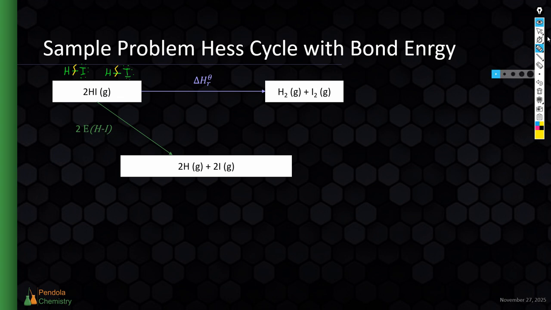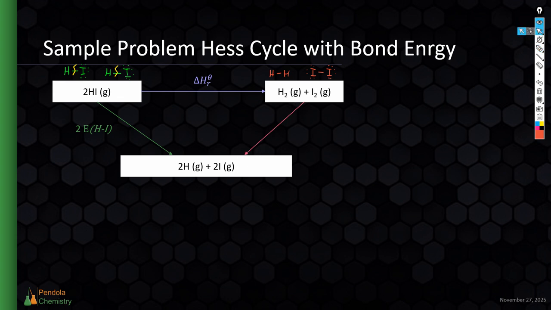On the other hand, on this side, we have H2 and I2. Well, H2 is 2 hydrogen atoms bonded with a single bond. So we have H, H. And then I2 is 2 iodine atoms bonded with a single bond. So if we're breaking apart this H2 and this I2 to create 2H and 2I, what are we going to need here as far as bond energies?